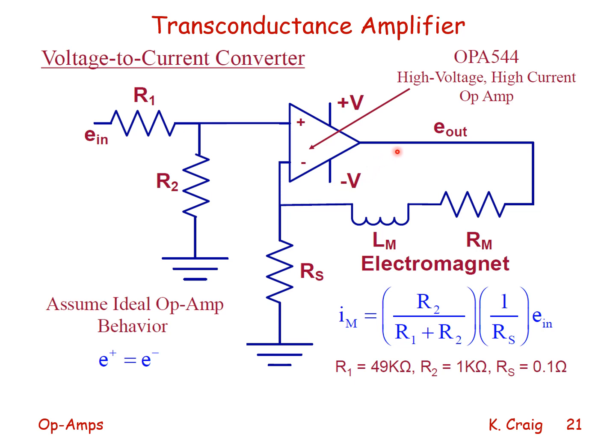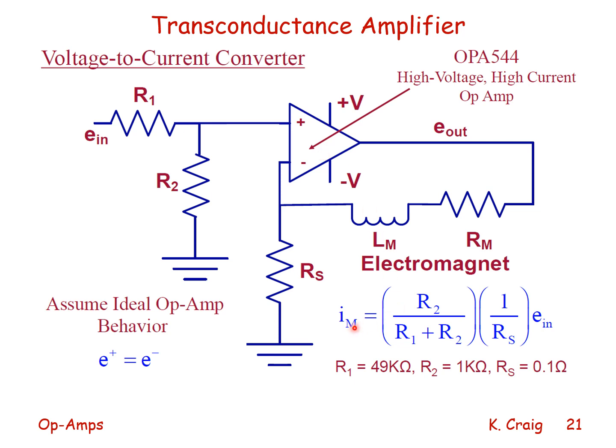Any current that flows from the output through my LR circuit, which I represent an electromagnet with, any current that flows through this must go through the sampling resistor RS, as no current can flow into the op-amp.